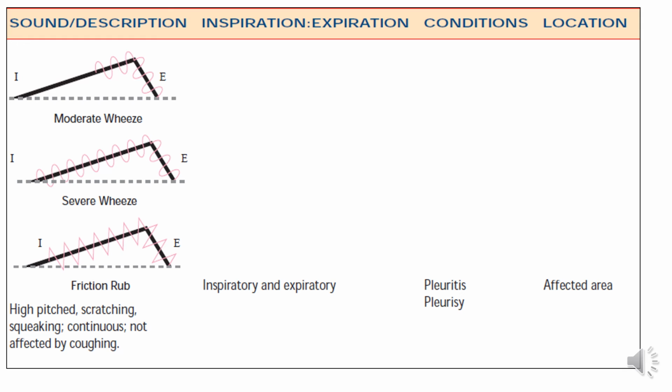These are high-pitched scratching or squeaking sounds which are continuous and not affected by coughing. The friction rub can be heard in both the inspiratory and expiratory phases of respiration. The condition where we can hear this friction rub is mainly when there is inflammation of the pleura, that is pleuritis or pleurisy. The location where we can hear this friction rub is the affected area.